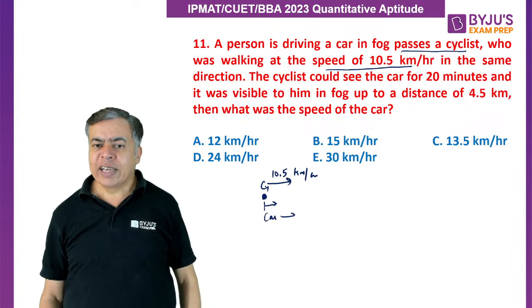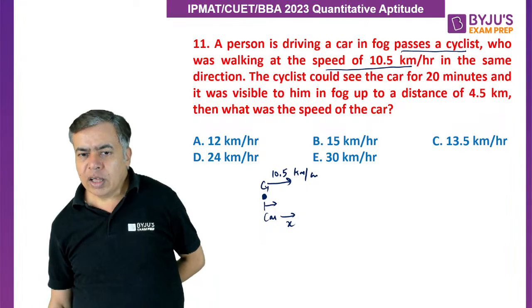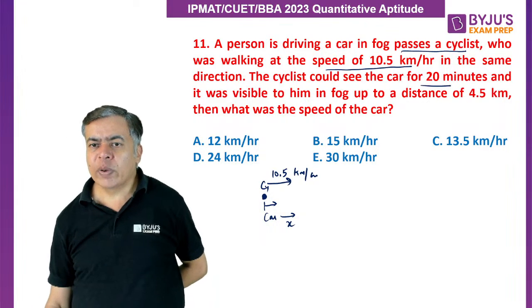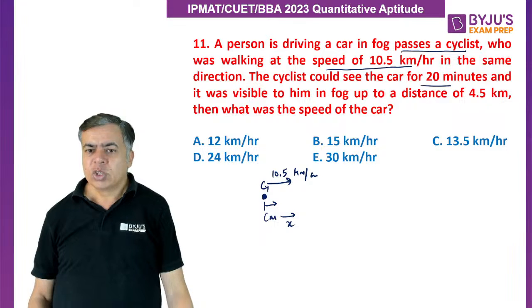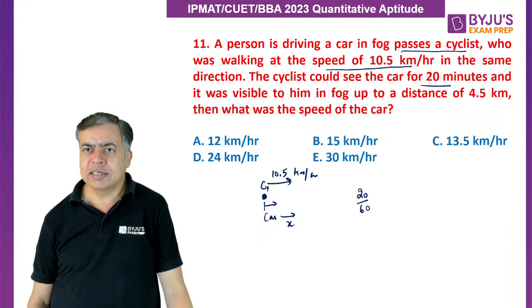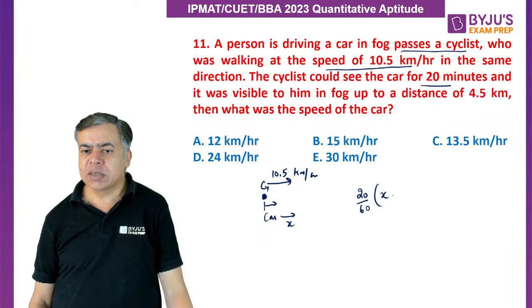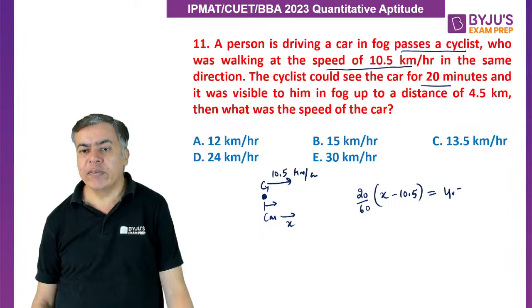The car is traveling at, let's say, x speed. He can see the car for 20 minutes, and I can convert this into hours. So time into relative speed. Relative speed is x minus 10.5. That should give the relative distance, which is 4.5 kilometers.